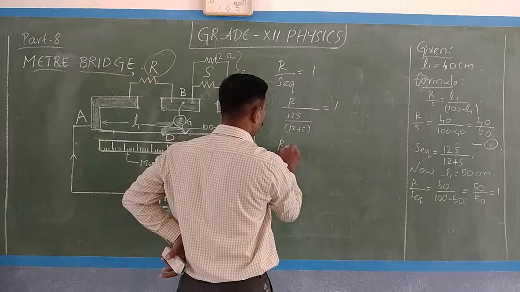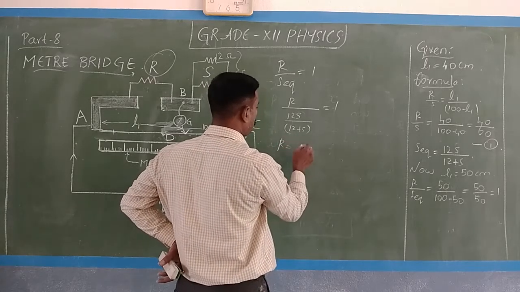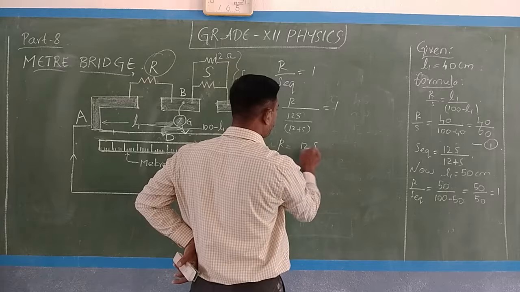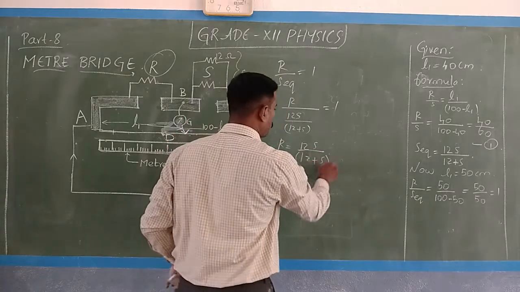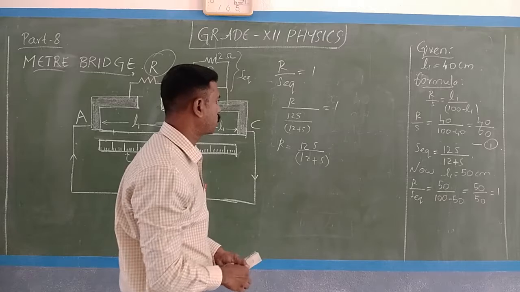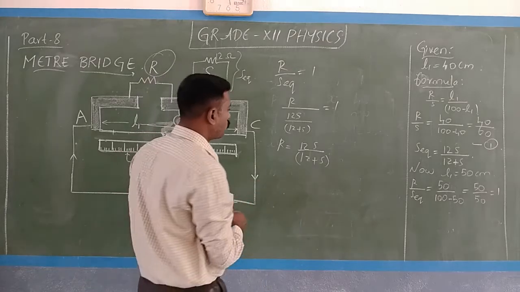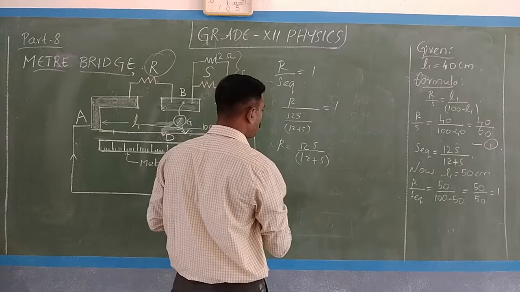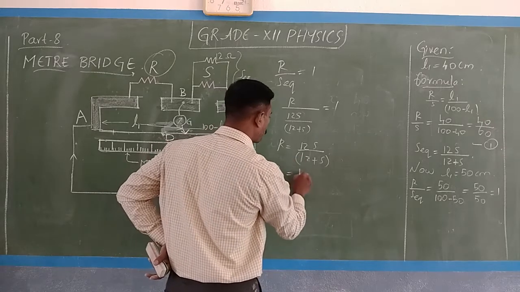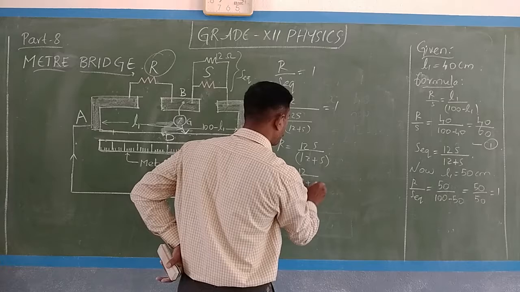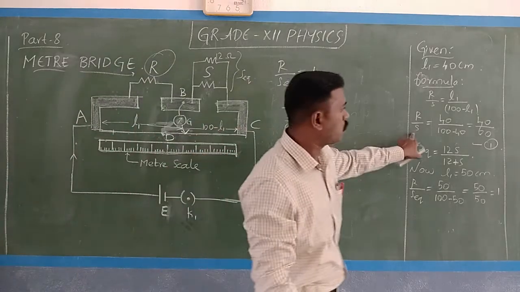So R equal to 12S by 12 plus S. Now bring this S here. So what is R by S value? R by S equal to 12 by 12 plus S. From the first equation, you know the R by S value.